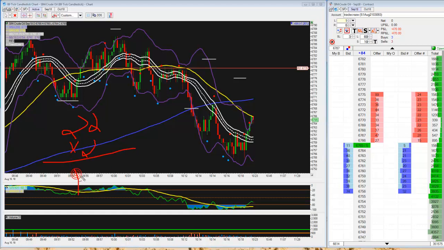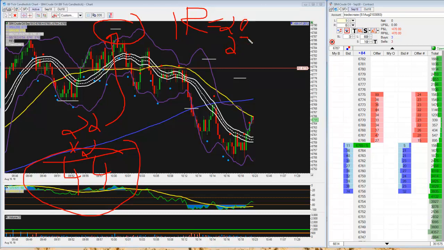If it never went a penny my way, it would be 44 ticks. This would be max 1R. As I always say, max 1R is 20, but I'm going to move it to 22.